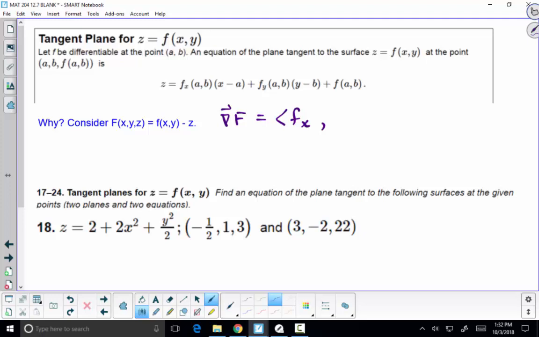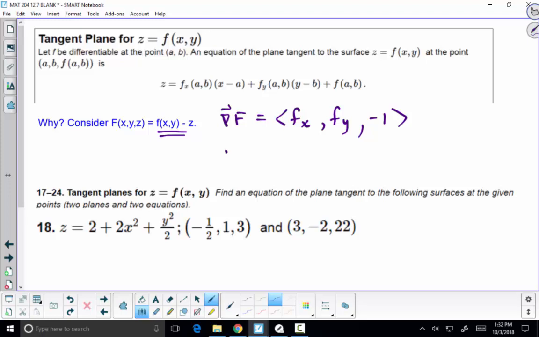There's no x's hidden inside of there, it's just a variable. And then we have f sub y. And then what's the partial of this right-hand side with respect to z? Negative 1. That variable z, the coefficient is negative 1. There's our normal vector.